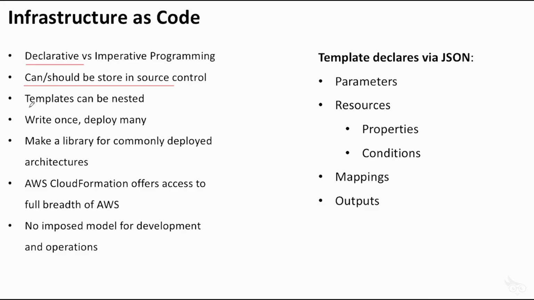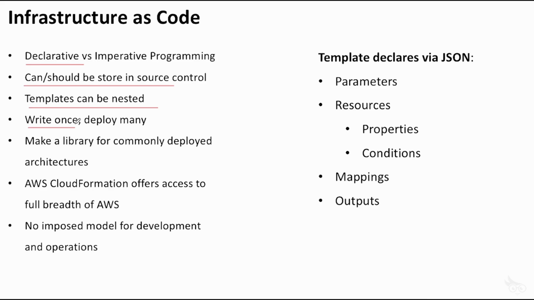With CloudFormation, we can nest our templates. We can put one template inside of another one. And we can write that template once and then deploy it to numerous applications. Perhaps we have an architecture that we want to mirror across development, testing, staging, and production environments. And so we can write that template once and deploy it many times.